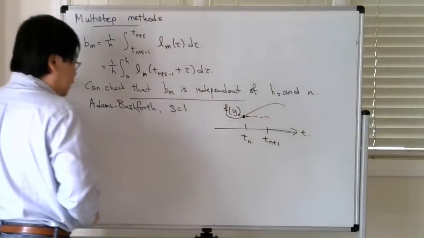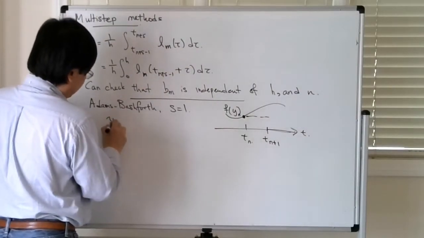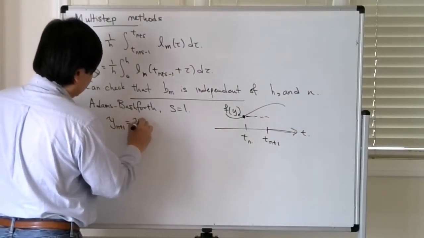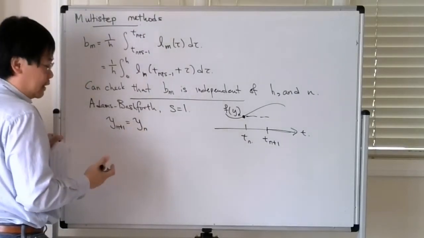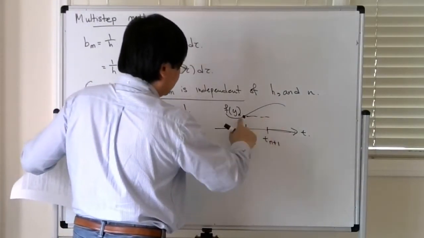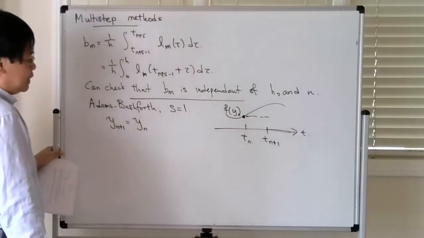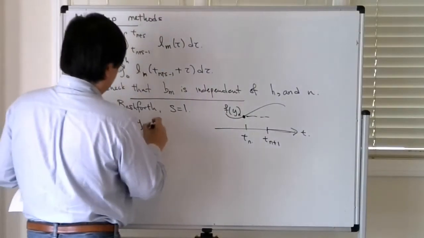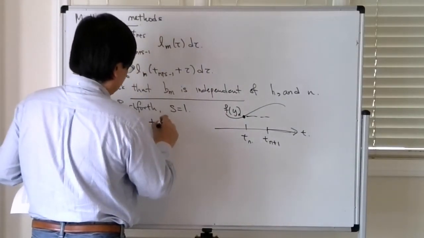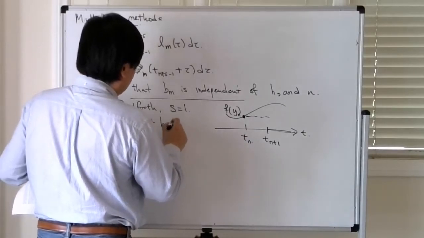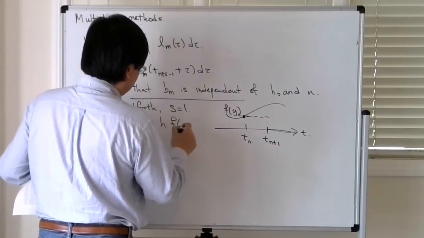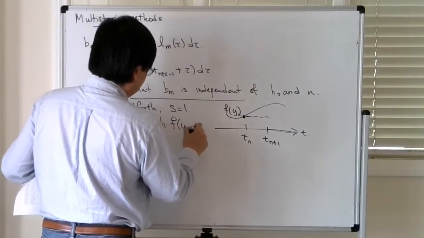So what that is telling you is that y at n plus 1 is equal to y at n plus, again, the integral of the vector field from time tn to tn plus 1. So this is plus h times f evaluated at yn tn.